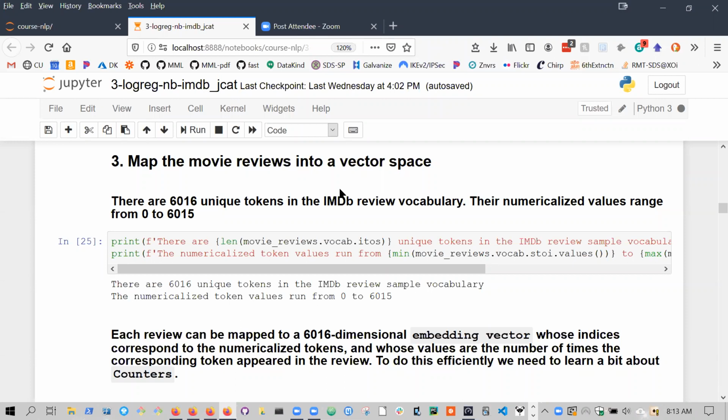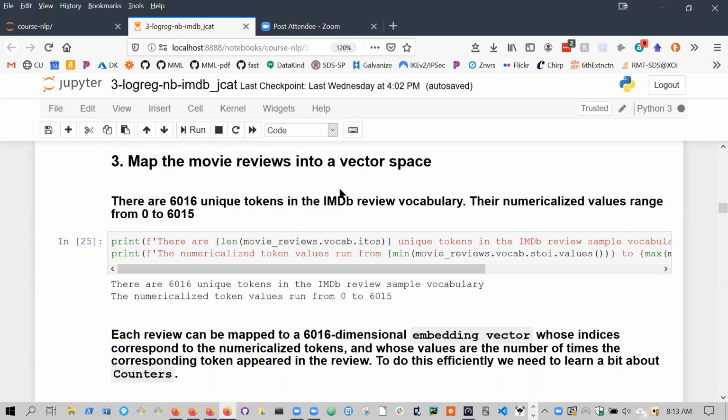So that means we can map every review into a 6,016 dimensional vector. And how do we do that? We have a vector whose indexes correspond to the tokens, and the entries in the vector correspond to the number of times that token appeared in the review.